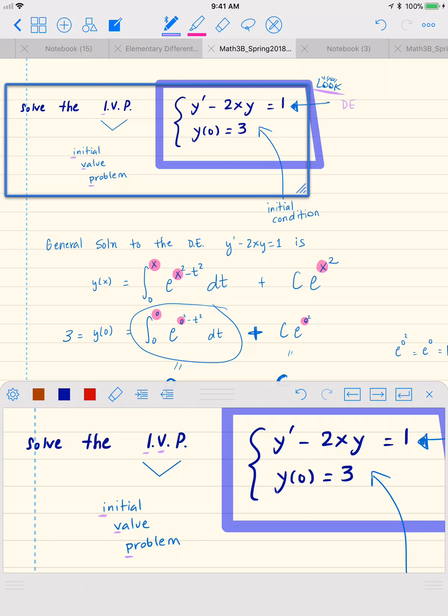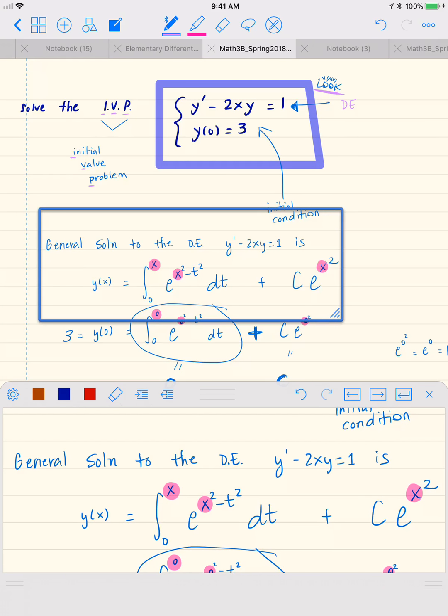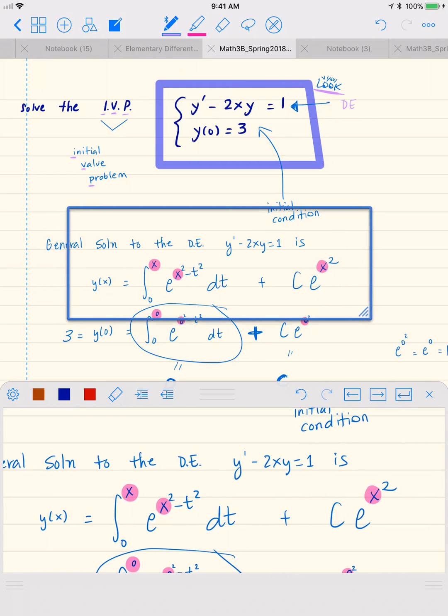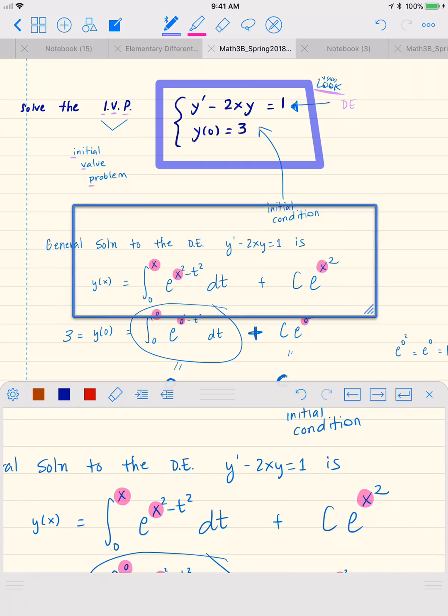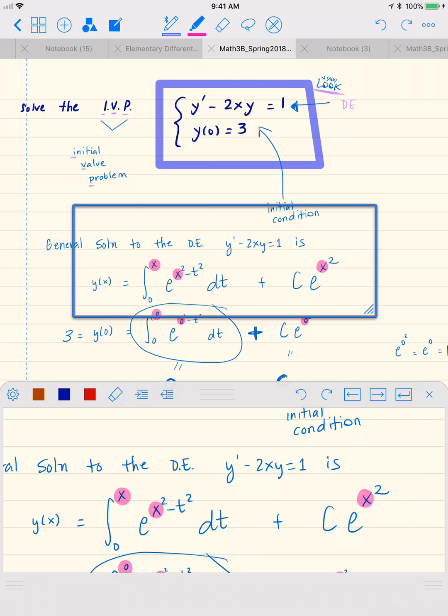So that's the IVP. We already know that our general solution to this differential equation, y prime minus 2xy equals 1, is right here. This is our general solution. We already know this. We can just say this is it.